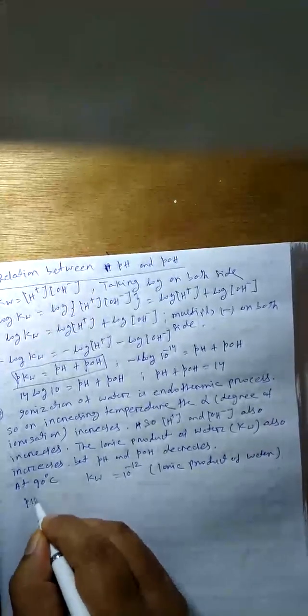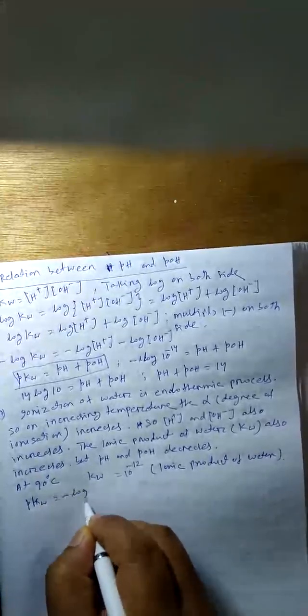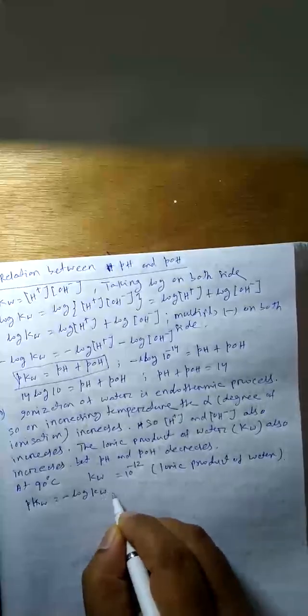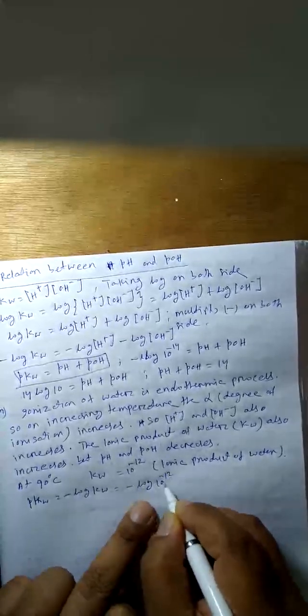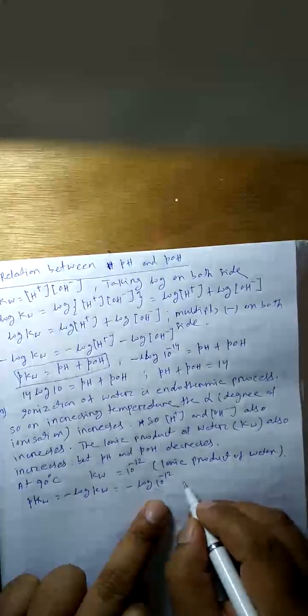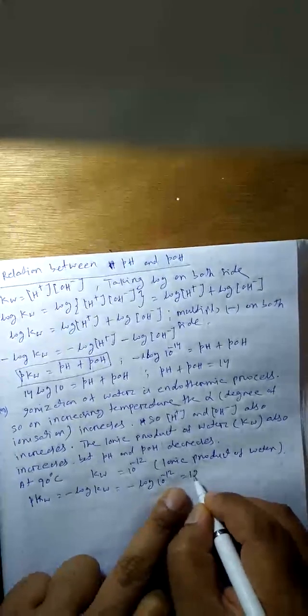So pKw is equal to minus log Kw, that means minus log 10 to the power minus 12, and log 10 is equal to 1.